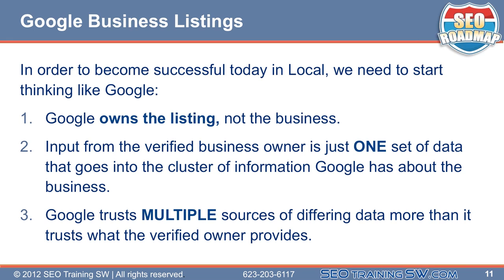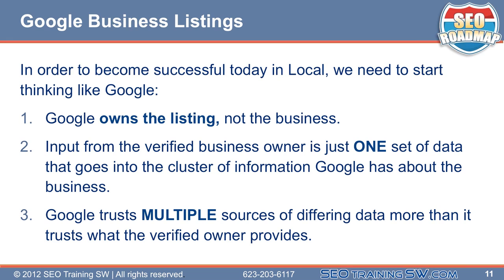Now, your input as the verified business owner or your input as the SEO consultant is just one set of data that goes into the cluster of information that Google has about your business. Now, Google trusts a lot of other things more so than you. Multiple sources of information. Google has its tentacles into everything. Google has its tentacles into the Secretary of State's office, so it can see if you have an actual business license.